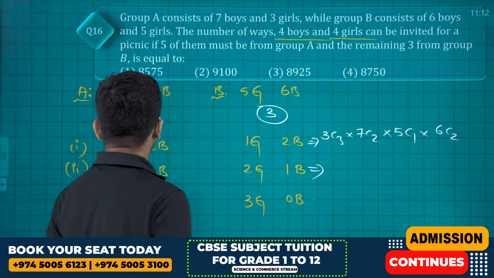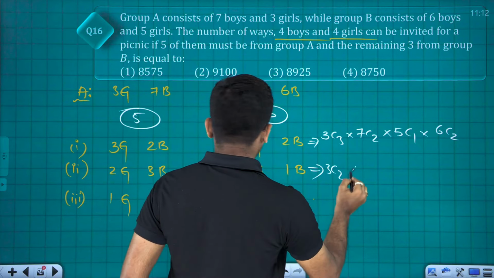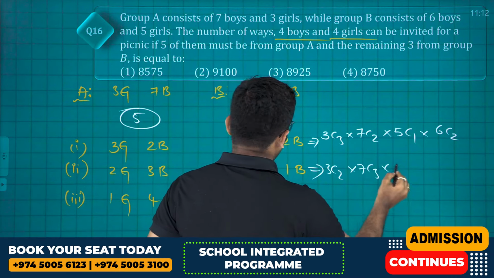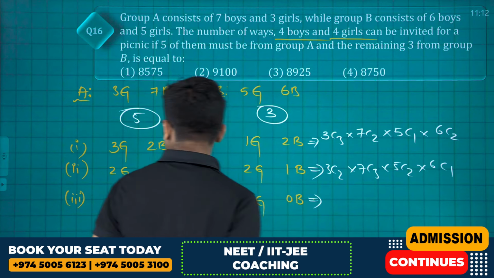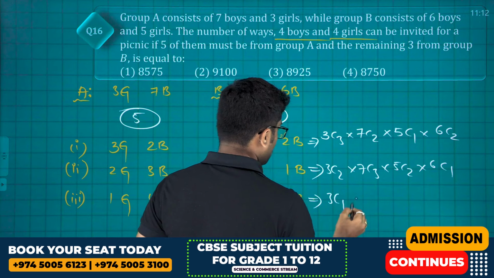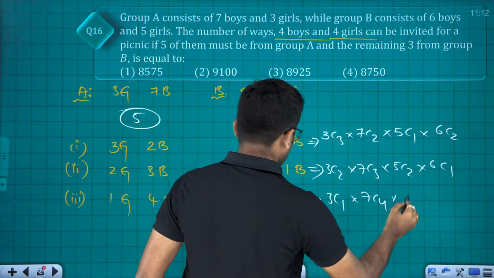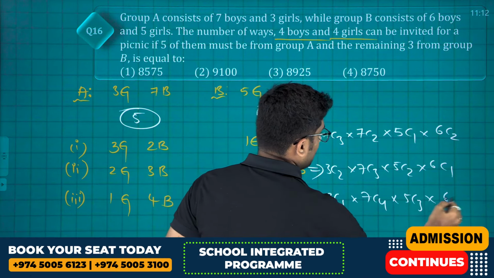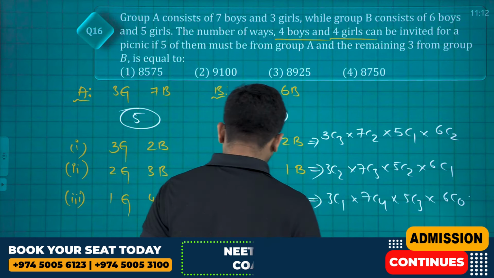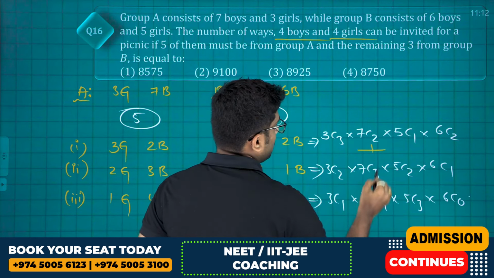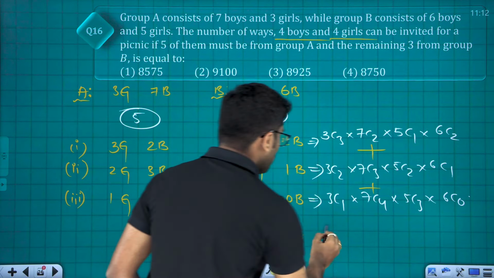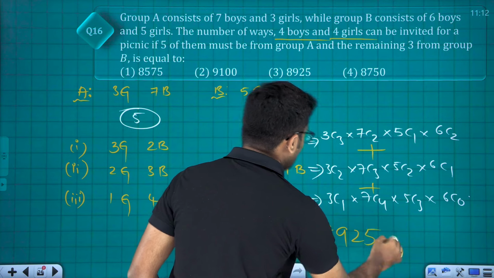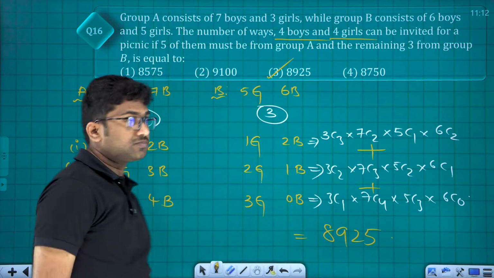In this case 3C2, 7C3, 5C2, 6C1, and 3C1, 7C4, 5C3, 6C0. So if you add all of these 3 cases, friends, you will get 8925 as the answer. 8925, which is option 3.